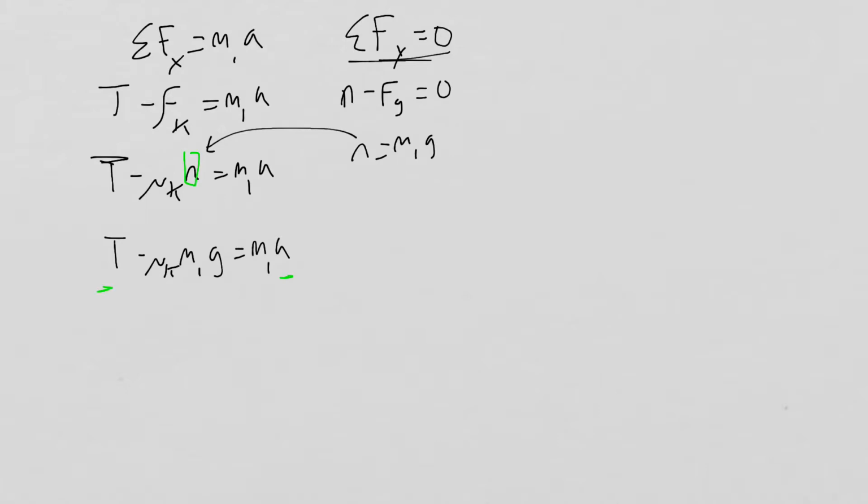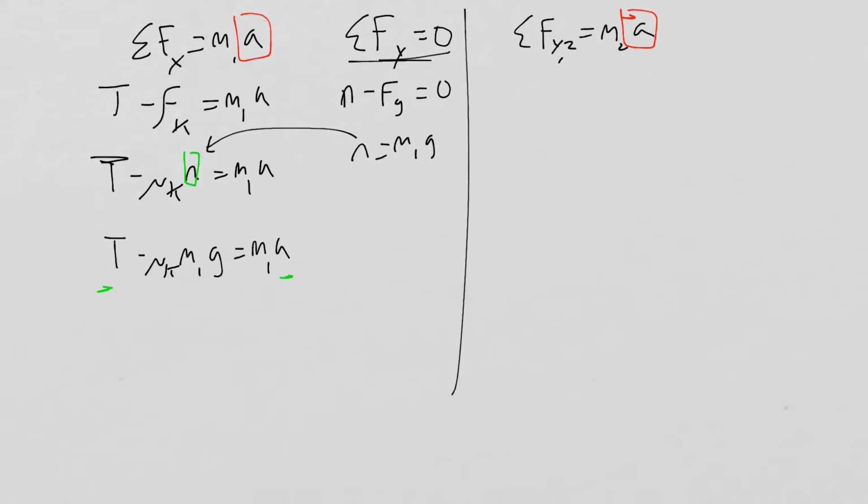Once again, I'm going to go to the other block, block 2. Again, the acceleration is not 0. It's the same magnitude as block 1, however the direction is different: negative a, because block 2 is moving down, while block 1 goes in the positive right direction.